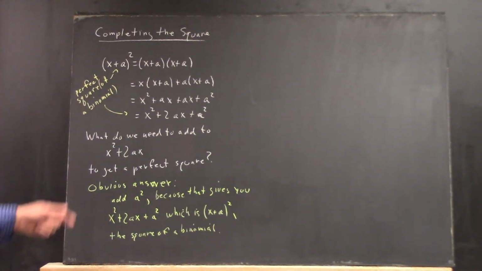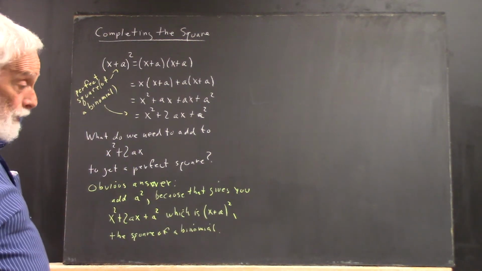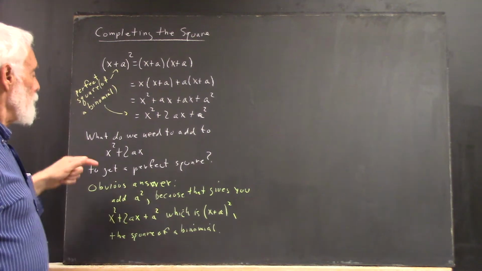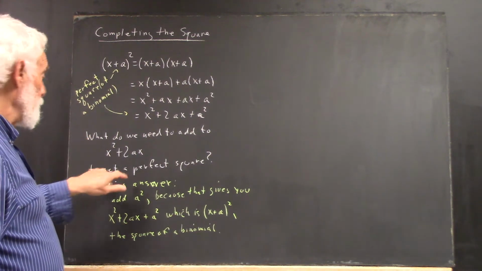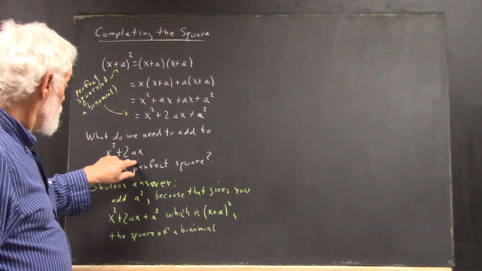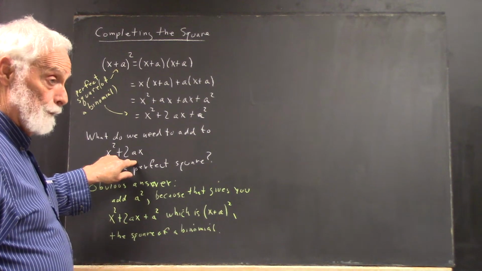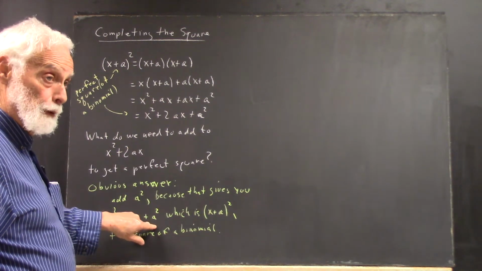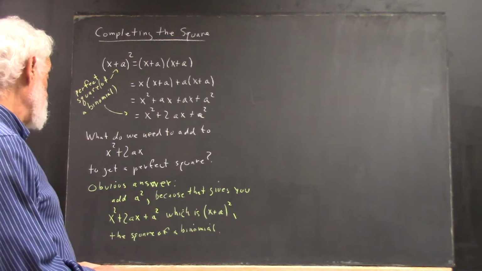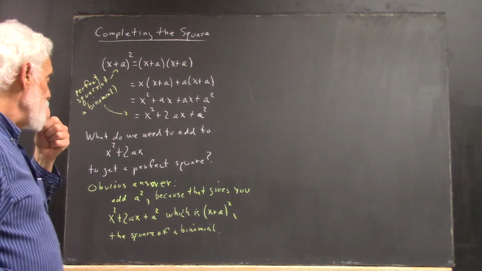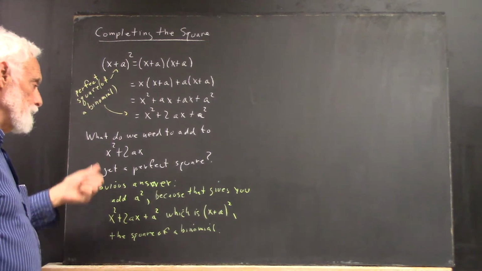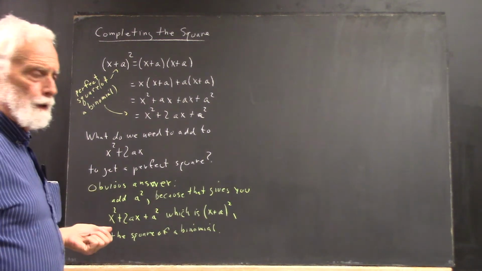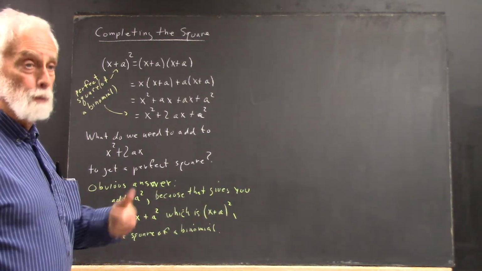Now this idea of a perfect square is completing the square, because what we've done now is we've completed the square. We had this partial expression here. To complete the square on this expression, we have to add a squared. Turns out that this is a pretty important process, completing the square.